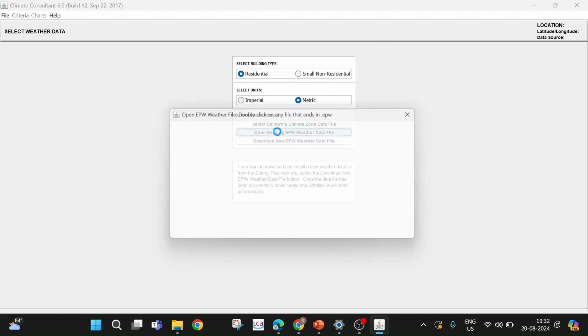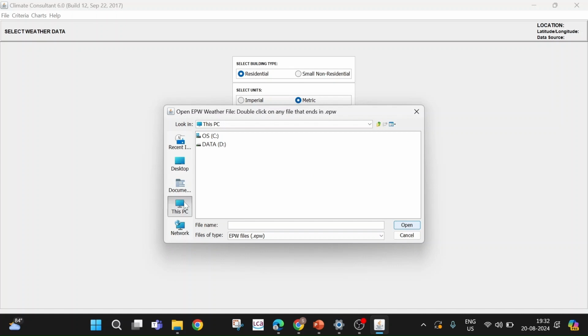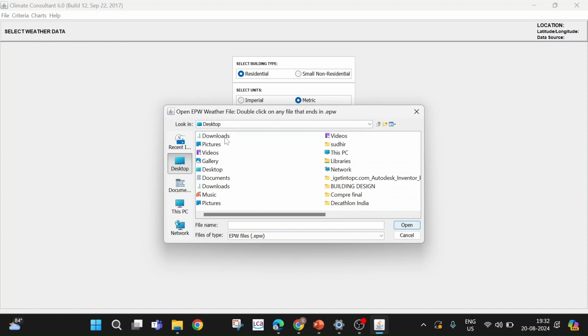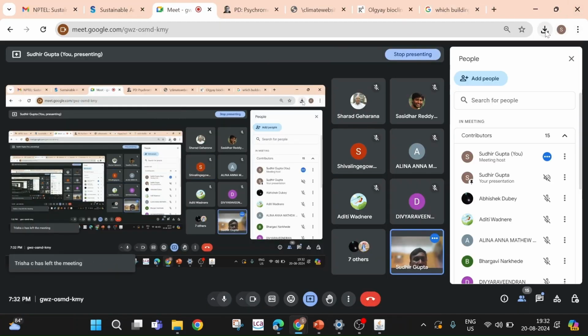So open an existing weather data file. Let me see where it has been saved.